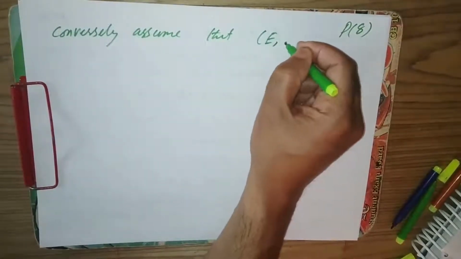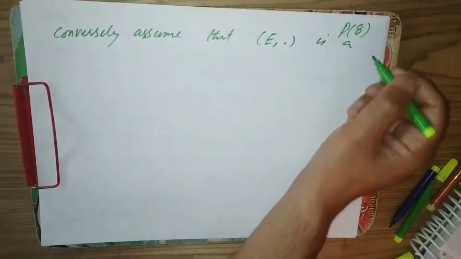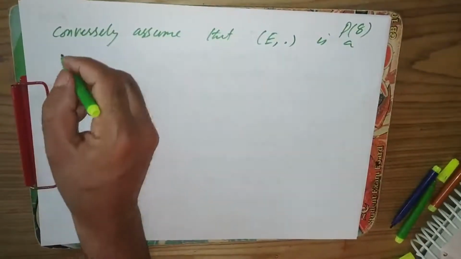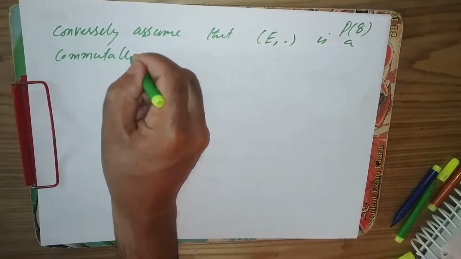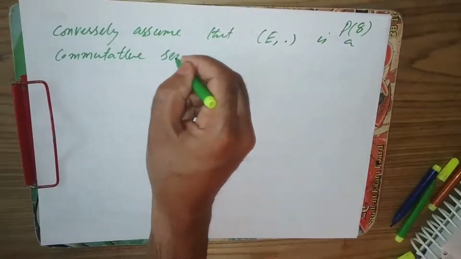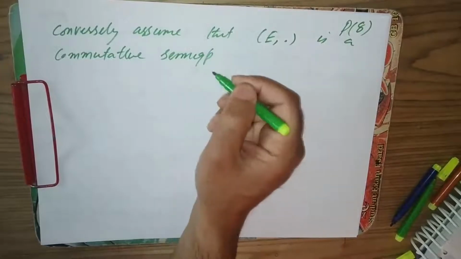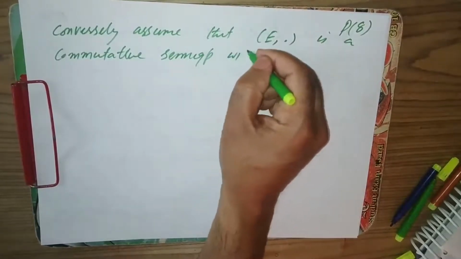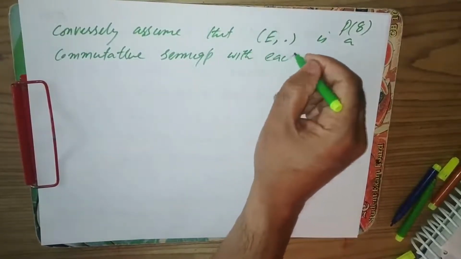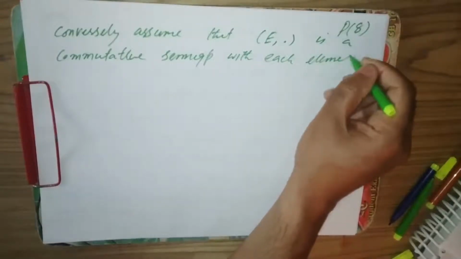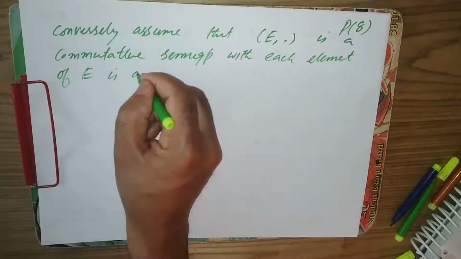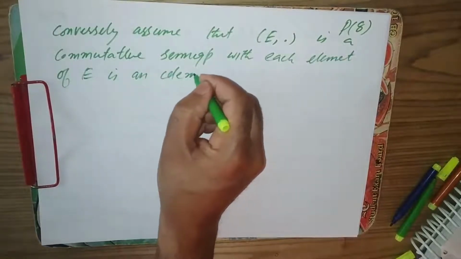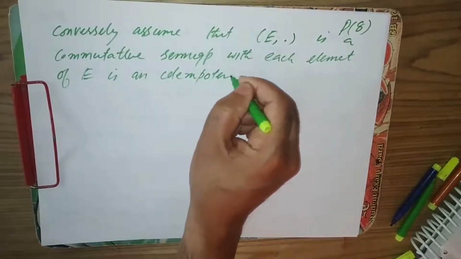E with the operation dot is a commutative semigroup with each element of E an idempotent.